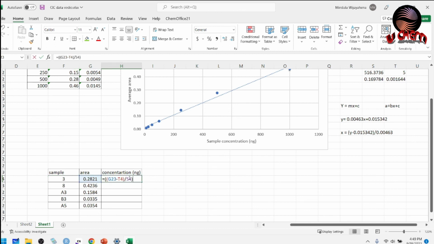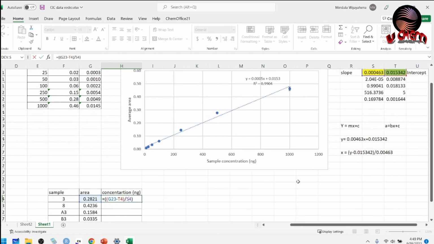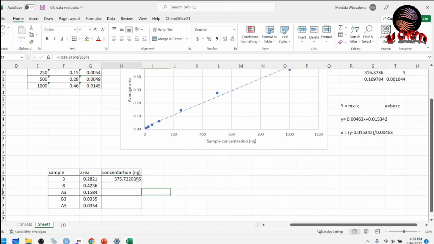Now as you see, the intercept and slope are the same for the rest of the calculation. Then what you can do is put the dollar mark. Then you don't need to select them again and again, because that part of the equation stays as it is. What you have to do is just drag down like this.